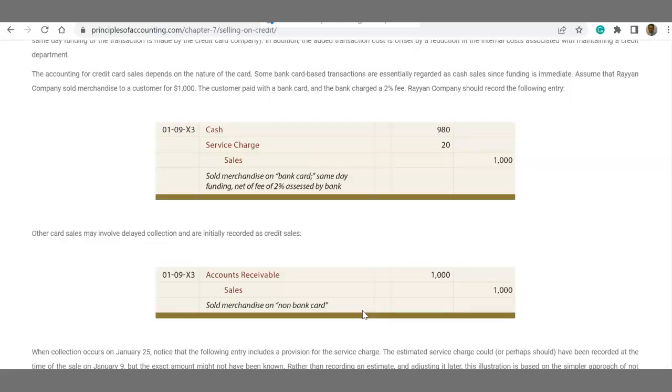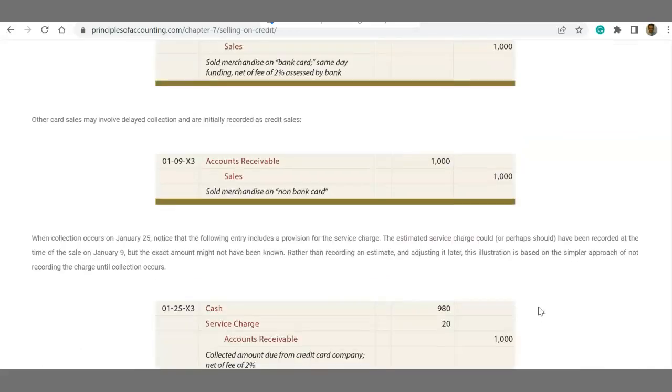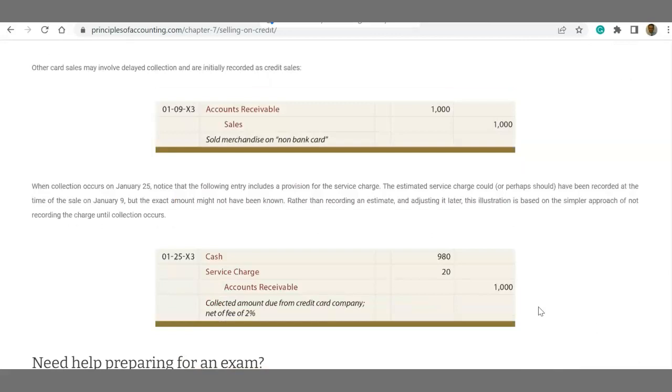And if you don't charge the customer and you give the customer an invoice, then this is the journal entry. Obviously, you record accounts receivable as a debit, and sales will be credited. In case the customer calls you back a few days later and wants to pay by credit card, then this is the journal entry.